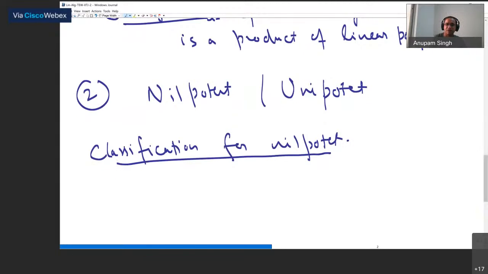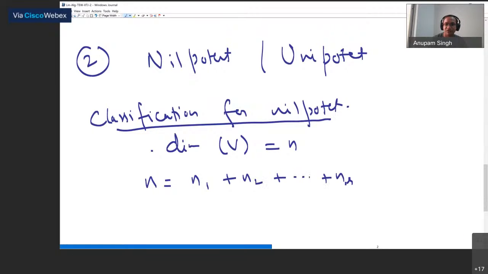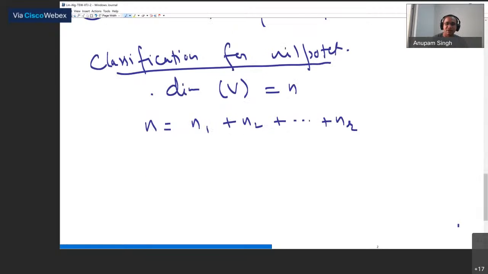I will write it in a slightly different way. Suppose the dimension of my vector space is n. Then you write down a partition of n: n is n1 plus n2 plus up to nr. Then I have a nilpotent matrix corresponding to this partition.